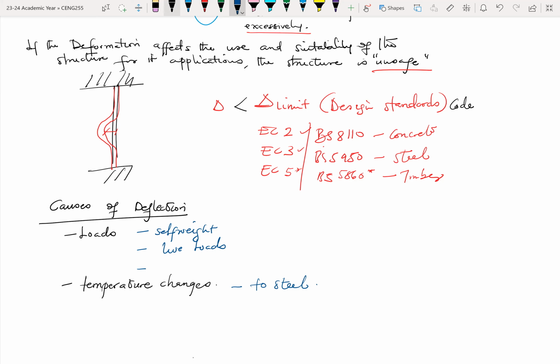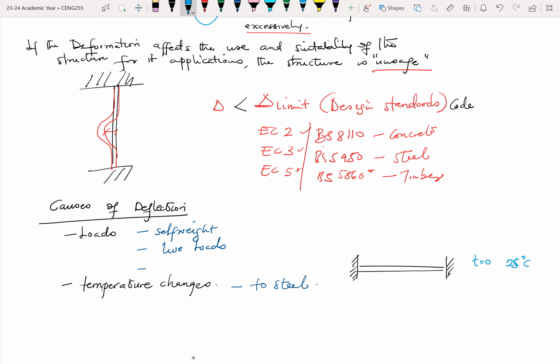So, for example, if you have a beam, a steel beam, which has fixed support at both ends. All right. So it means that, let's say at time t equals 0, the temperature is, let me say, maybe 25 degrees Celsius.